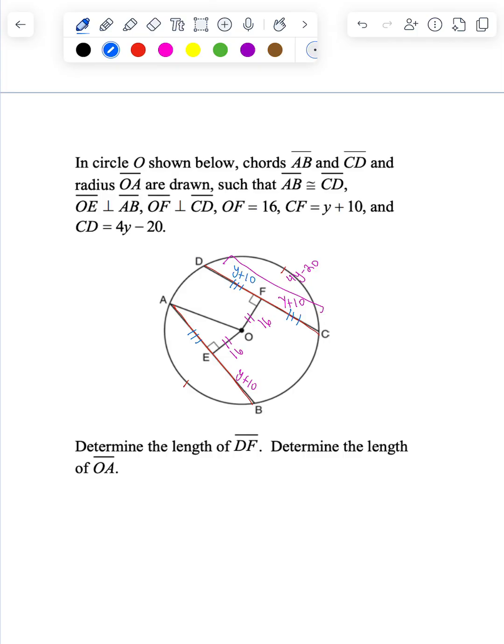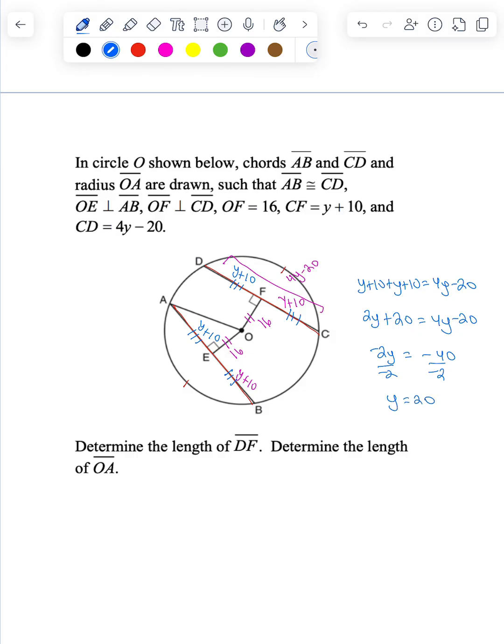And if EB is y plus 10, so is this. And then I'm going to make an equation that says if we do y plus 10 plus y plus 10, we get the total, which is 4y minus 20. Combining like terms, we have 2y plus 20 equals 4y minus 20. If I subtract 20 from both sides, and I subtract 4y, I have negative 2y equals negative 40. And then if I divide both sides by negative 2, I have y is equal to 20.